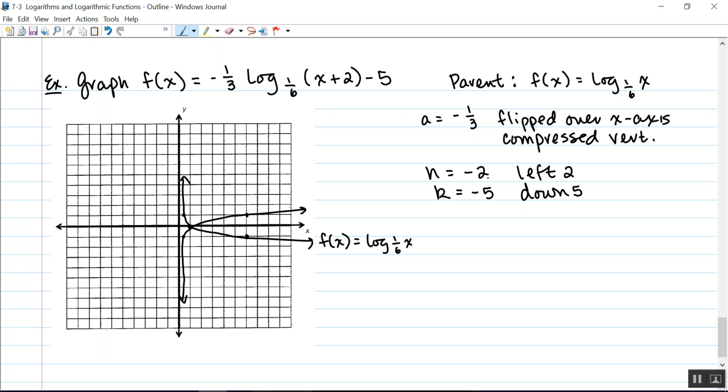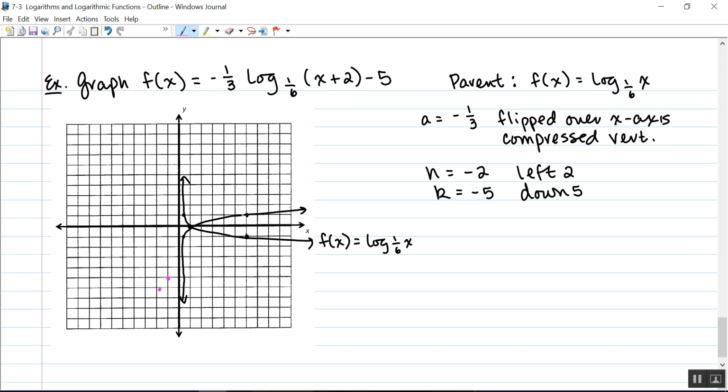Now I'm going to take the one that I just flipped and move it to the left 2 and down 5. This is going to give me pretty close to my final graph. So for this point right here, I'm going to go left 2 and down 5. 1, 2, 3, 4, 5. So that was this point here. This point here, left 2, down 5.